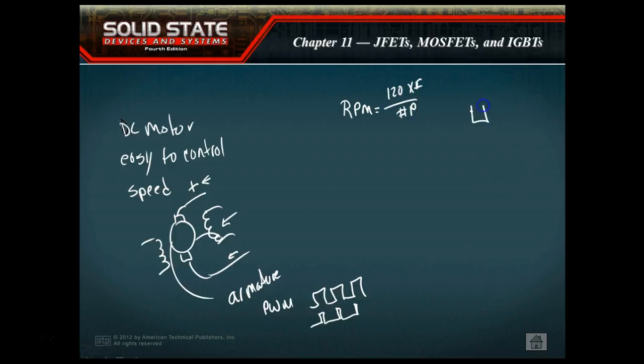If we had two magnetic poles, and these are always going to be electromagnets, well, this would be a north and a south, so that means we would have two. So we have a two-pole motor, and then RPM would be equal to 120, and we ran it at 60 hertz, divided by the number of poles. This would be 2.